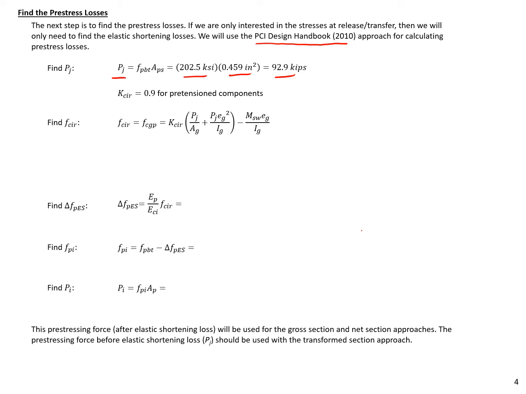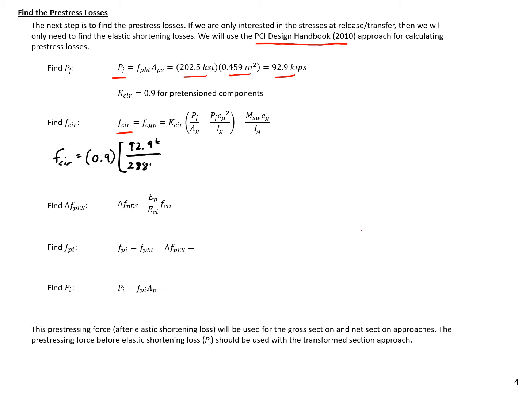Next, we can use the equation here for the stress in the concrete at the level of the pre-stressing given by PCI. And plugging in all of our known values, we'll get f_cir equal to 0.9 times 92.9 kips divided by 288.